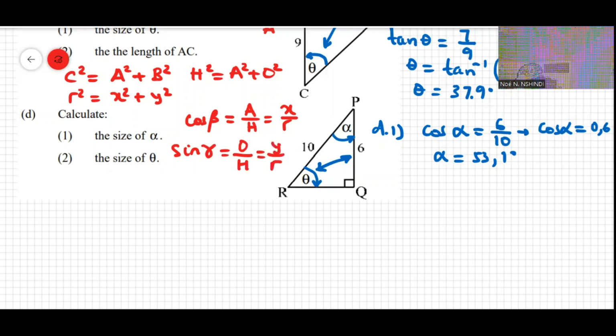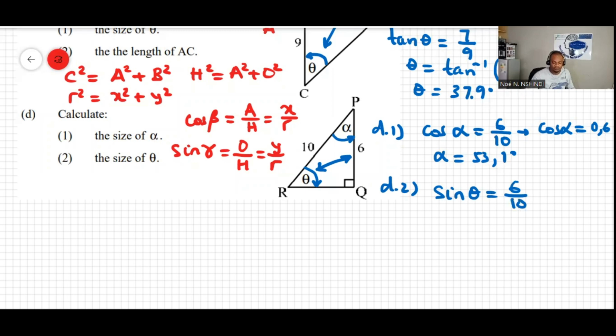So for D2, sine of theta here will be equal to opposite over hypotenuse, which is 0.6.